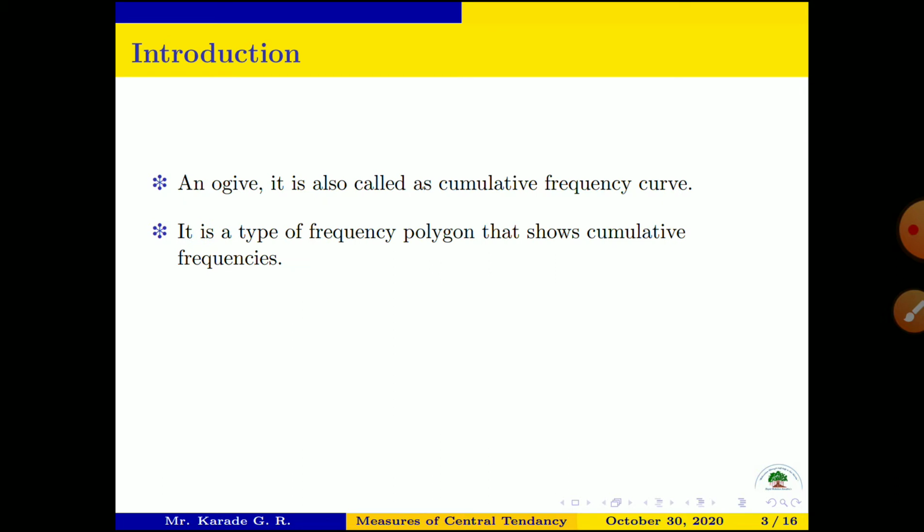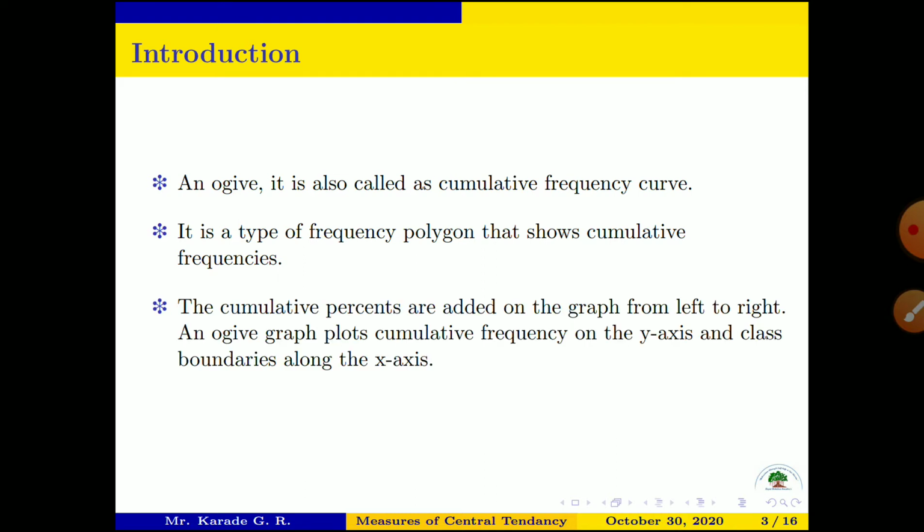It is a type of frequency polygon that shows cumulative frequencies. The cumulative percents are added on the graph from left to right, and the Ogive graph plots cumulative frequencies on the y-axis and class boundaries along the x-axis.